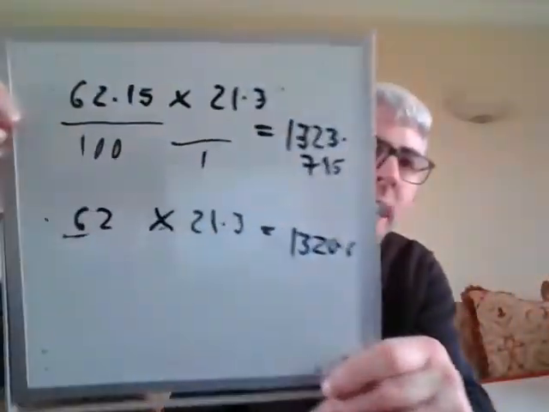If I do this, what I've done there is 62 times 21.3, and it equals 1320.6.